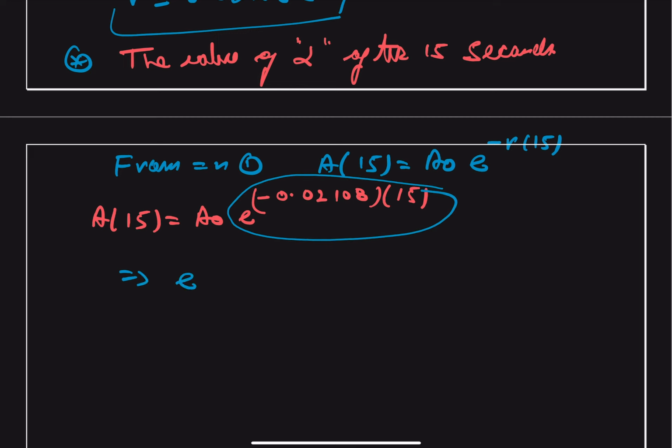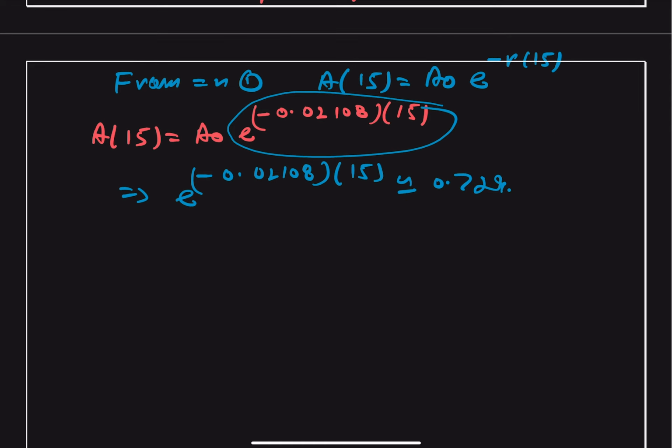So e raised to power minus 0.02108 multiplied by 15 will be approximately equal to 0.729. Therefore, we can say that our A of 15 will be equal to 0.729 multiplied by A naught.